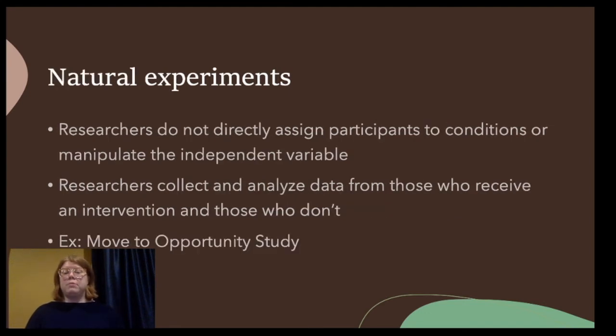In natural experiments, researchers don't directly assign participants to conditions or manipulate the independent variable. Rather, researchers collect and analyze data from those who receive an intervention and those who don't. An example of this is the Move to Opportunity study. The reason social scientists generally don't do experiments is because of the things we study.